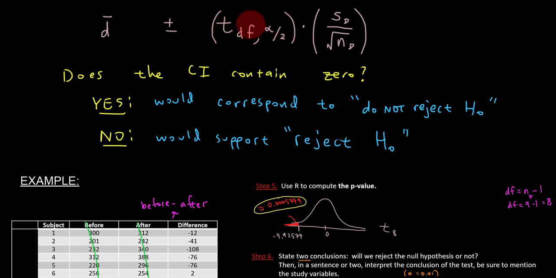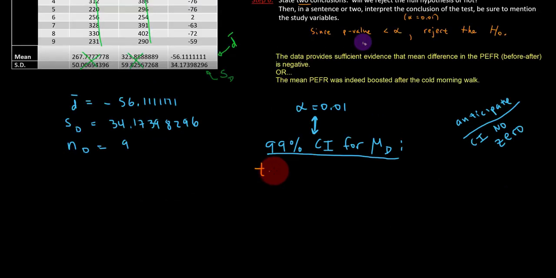So I'm going to use R to do it, and I'll also use the t-table to do it. We need to figure out the degrees of freedom and alpha over 2. For t critical, we need the degrees of freedom and alpha over 2, but we know that the degrees of freedom was 8, because it was 9 minus 1, which is 8.